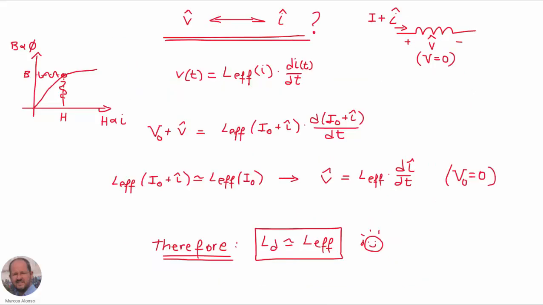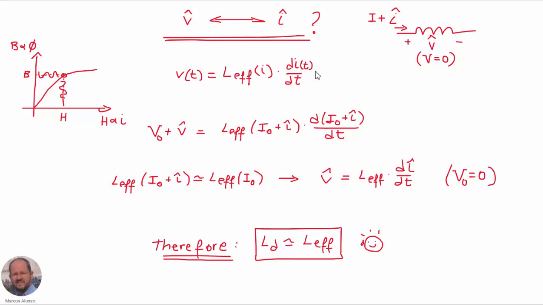Now let's see what happens when we have a DC inductor in which we have a DC current circulating through the inductor, an AC component of the current superposed to it, and then we have the AC voltage across our inductor. As we have seen, the voltage can be expressed as the effective inductance, which depends on the current, times the di/dt.